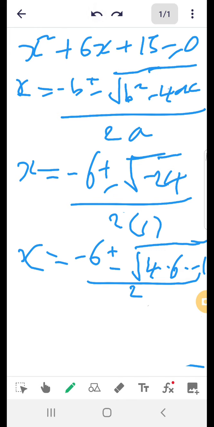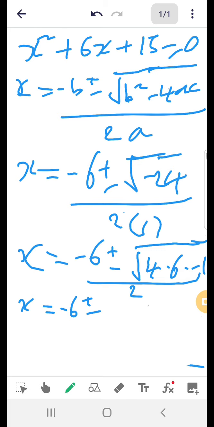So now we proceed. Basically, it's going to be x equals negative 6 plus or minus. Let me just leave it like that. It looks like a cross. Plus or minus.